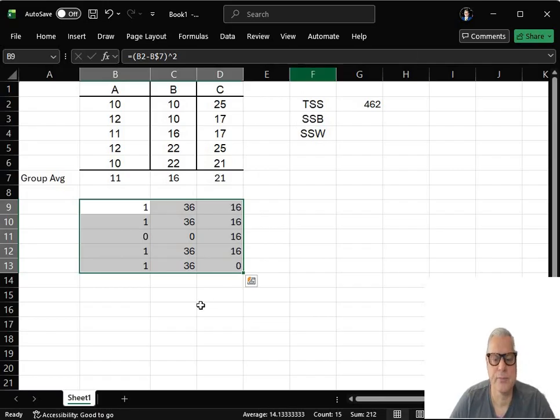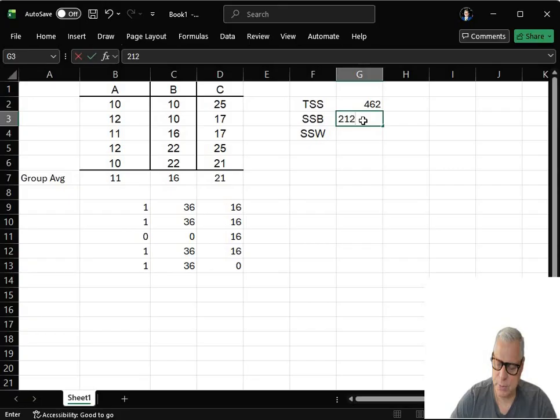Okay. And now we have all the sum of squares within each group. And the sum is 212, which we can see down here in Excel. So 212. Actually, that was the wrong place, 212 goes to the sum of squares within. So that means that the sum of squares between the groups must be the 462 minus the 212.